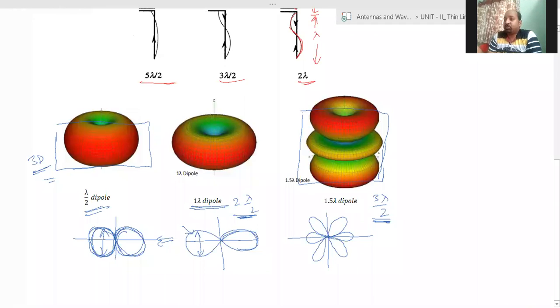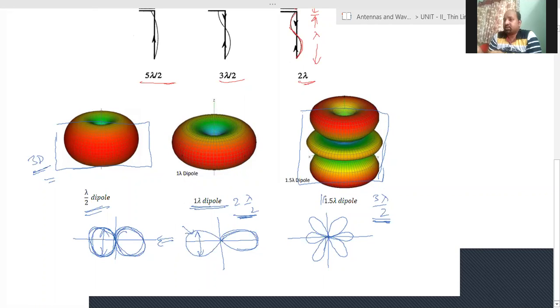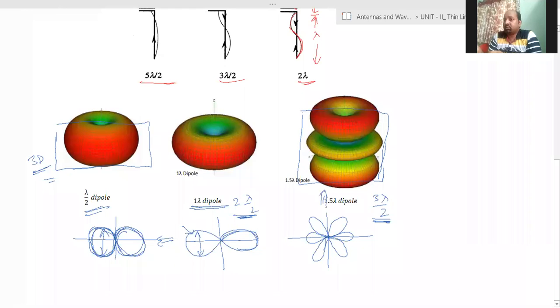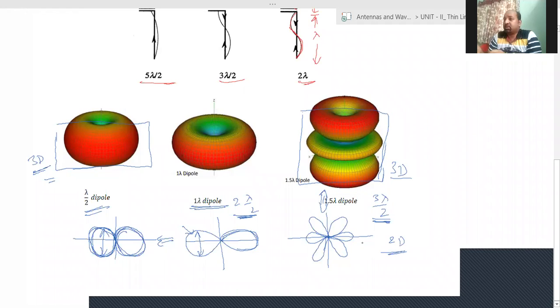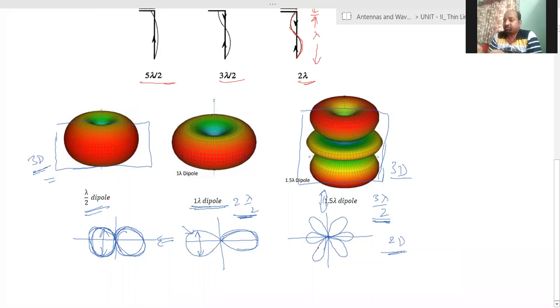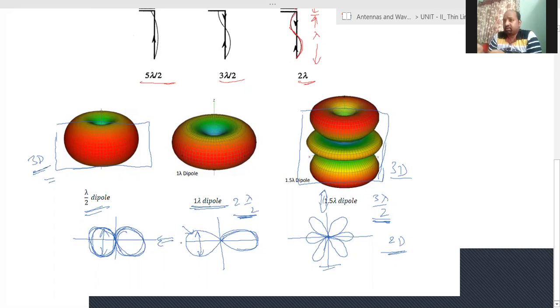So if you take the cross section of this radiation pattern, it looks like this. I always draw the 2-dimensional radiation pattern, not the 3-dimensional one. So this is the 3-dimensional pattern, and this is the 2-dimensional view of the radiation pattern.